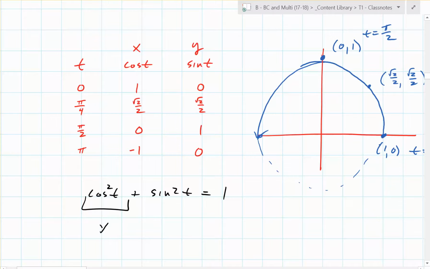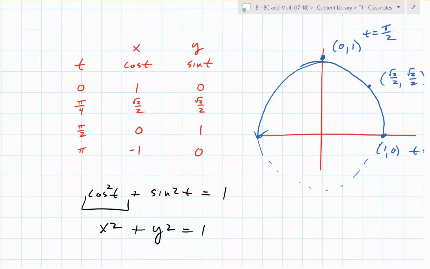But what is that? That's x squared plus y squared equals 1, which is a unit circle. So the point is, you can plot these if you have nothing else, and you can get a nice path. Now, how many different ways can we write the unit circle? We could change that to 3t or 4t or 5t, as long as I change this one as well.